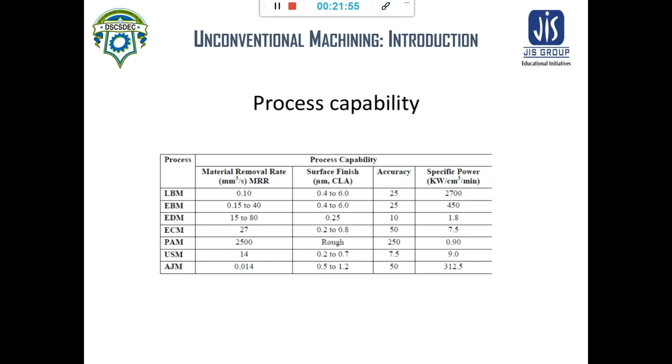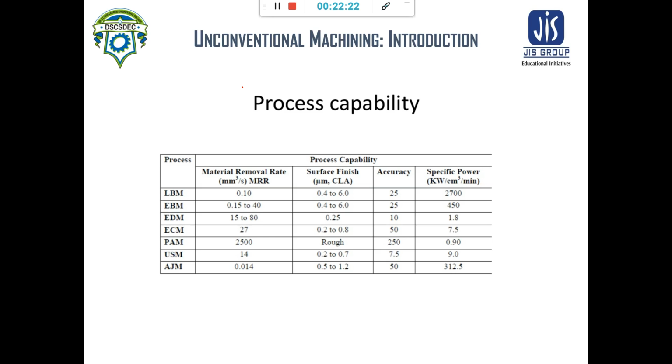Now the process capability means the output that can be achieved by all of these processes, which can be seen here. Say for LBM the MRR is 0.1 millimeter cube per second. The surface finish can be found as 0.4 to 0.6 CLA, that is cumulative average.